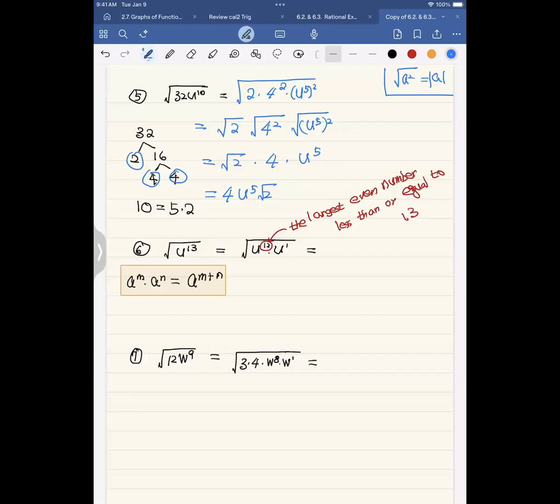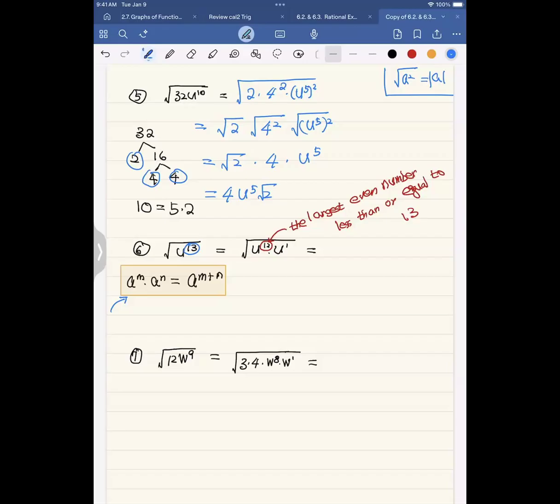The next problem is square root of u to the 13th power. By using this principle, a to the m power times a to the n power equals a to the m plus n power. This time we want to split u to the 13th power into the largest even number power times u.